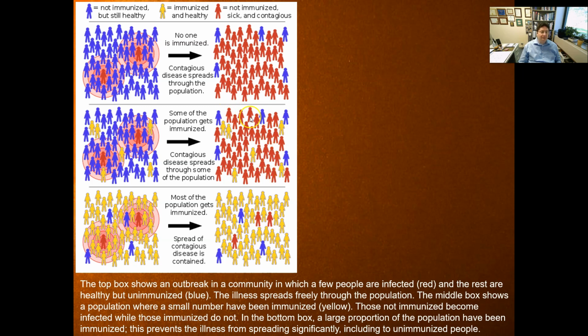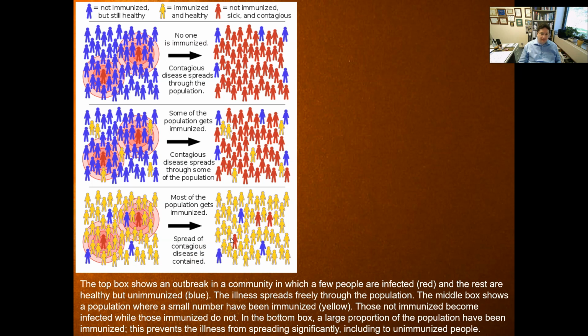Now, why haven't more been protected? We haven't reached that herd immunity threshold. Now, that's what shows down here. If most of the population gets immunized, so see, most of them are yellow, a few in blue are not. And then the red ones get sick, the spread of the contagious disease is contained. So you'll notice here only one other person got sick.